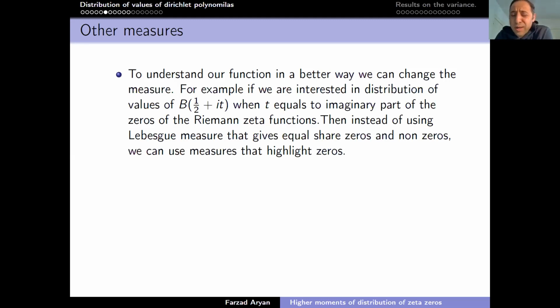Then it's better to not use Lebesgue measure. The Lebesgue measure gives equal chance to every point, so it does not distinguish between zeros and non-zeros. So maybe I should put a measure that highlights these zeros. Then you may ask, how would you build this?